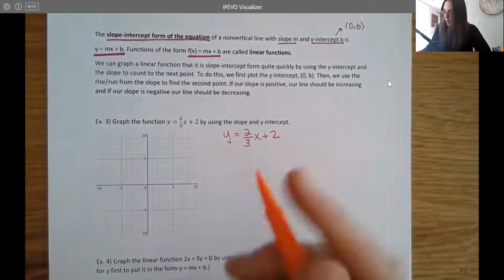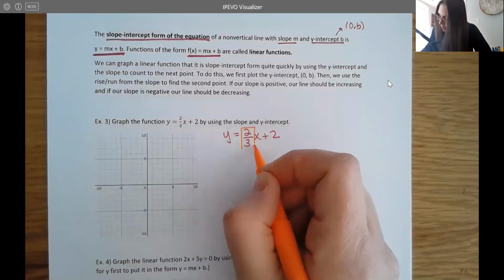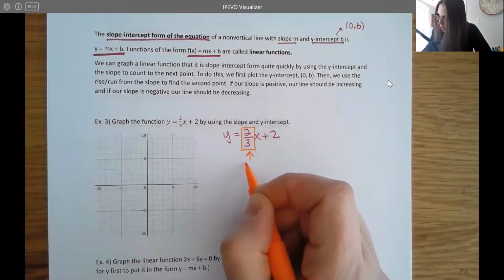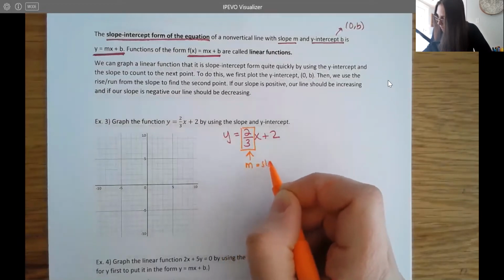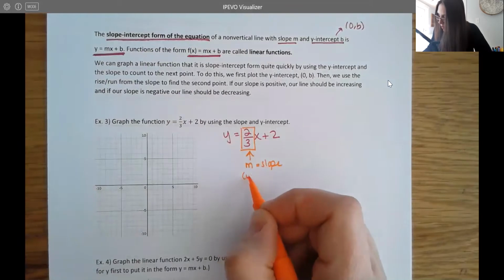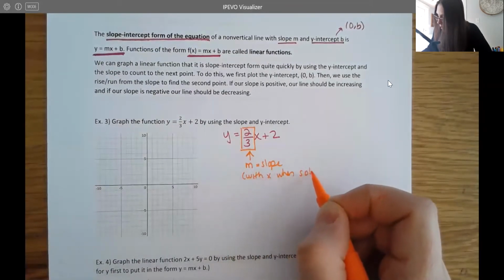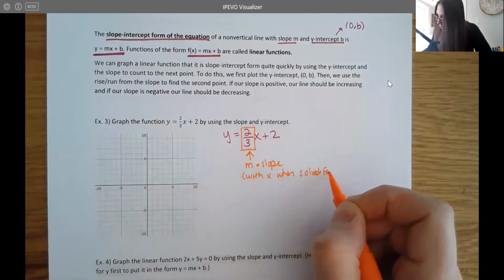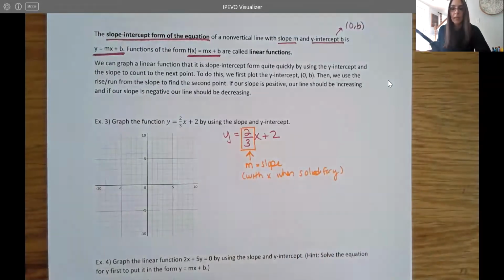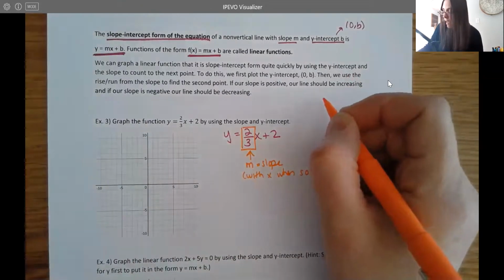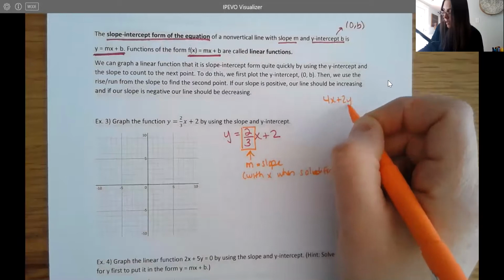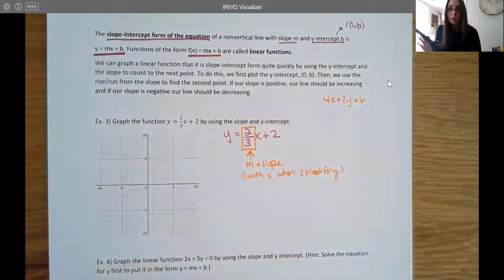So again, before we even go there, let's just do a little bit of review. So your slope is always going to be with the x when we are solved for y. So that is the key though. You cannot pick out the slope in other forms. So if I had an example that was like 4x plus 2y equals 6, 4 is not the slope.